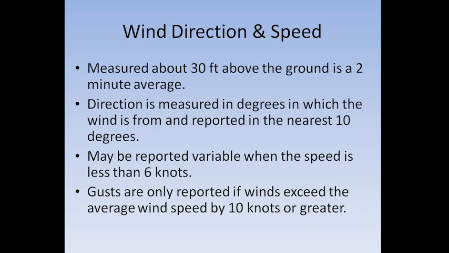Pretty much your wind speeds are going to be variable anyway, but the ASOS takes a 2-minute average, and you can have gusting to 15, but it pretty much says you have to exceed the wind speed of 10 knots or greater.